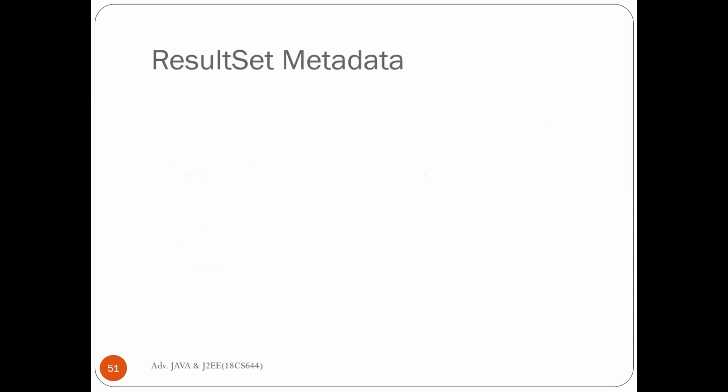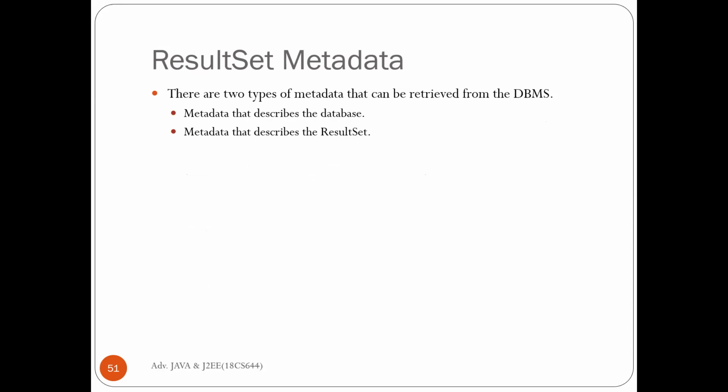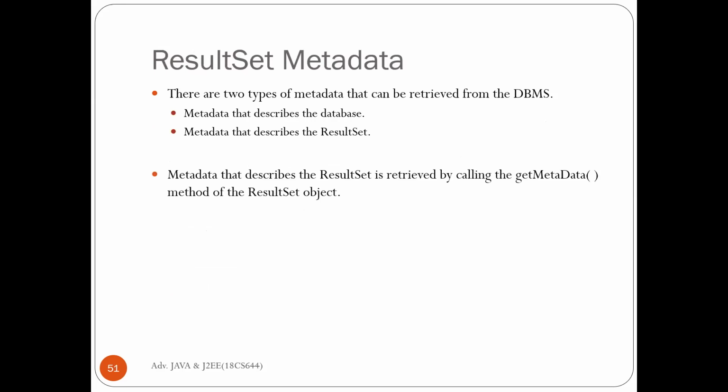Then we have result set metadata. There are two types of metadata that can be retrieved from the database. One is the metadata that describes the result set. Another one is the metadata that describes the database itself. So two kinds of metadata are present.